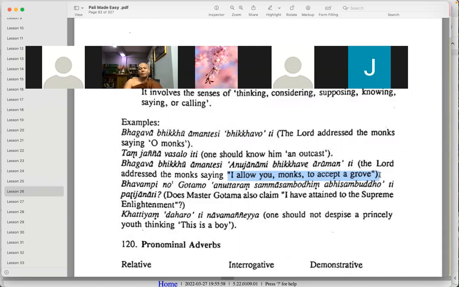But how about Anujanami Bhikkhave, how can I know it starts with Anujanami? Let's say our understanding is not that clear, especially if it is a very long sentence, or not a sentence but a phrase, or even a whole paragraph.